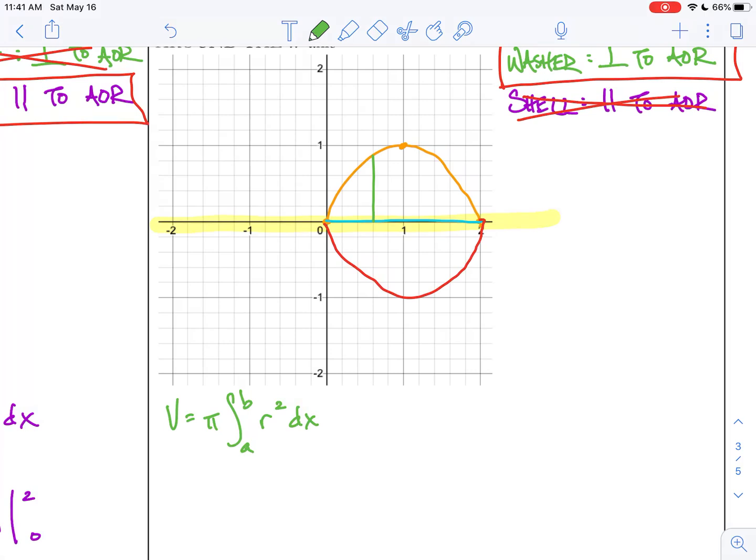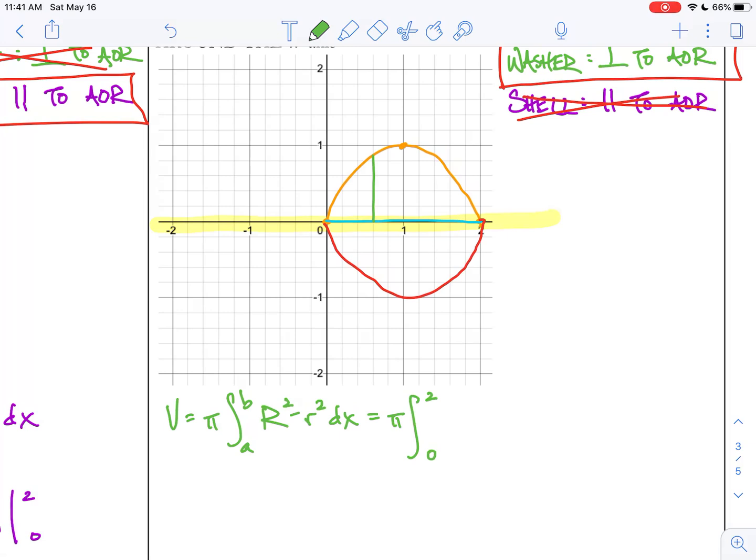Now I could also say, let me do washer method with the big R squared minus the little r squared just in case, okay? So maybe let's erase this and try it that way. So big R squared minus little r squared dx. Now I have pi, I go from 0 to 2.